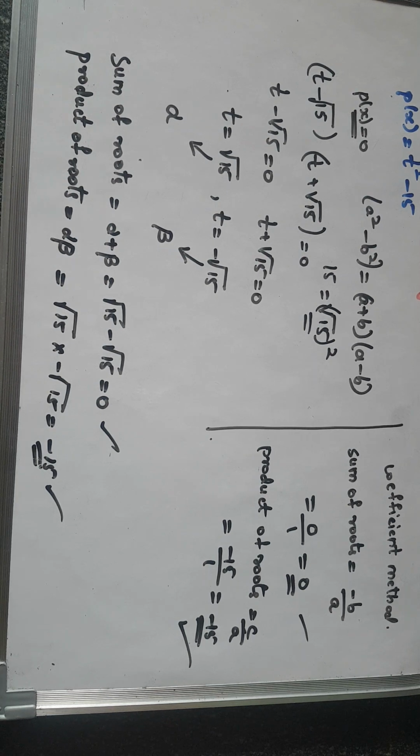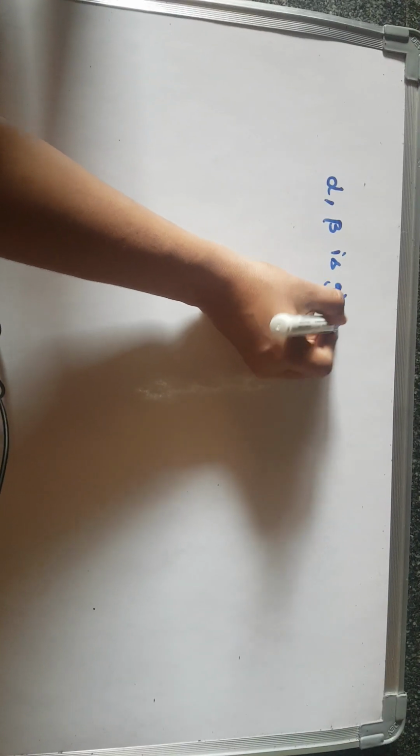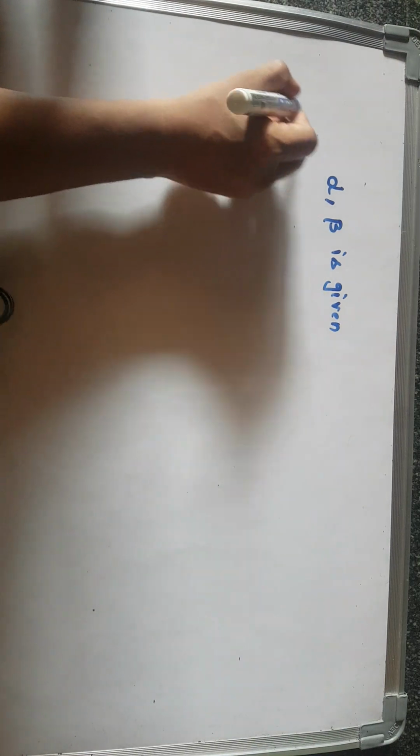If the values alpha and beta are given, how can we write the polynomial form?